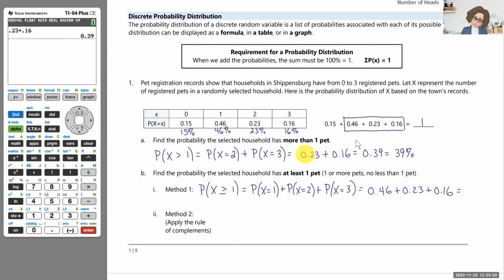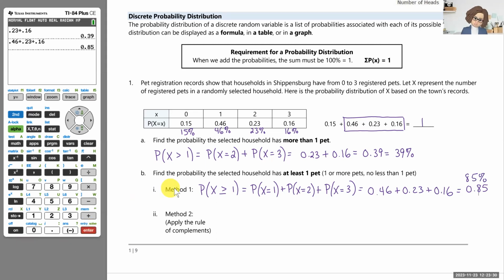And we're now looking for those 3 probabilities. So if we add those, 0.46 plus 0.23 plus 0.16, that is 0.85. All right, I'll go ahead and write that as a percent as well, 85%.